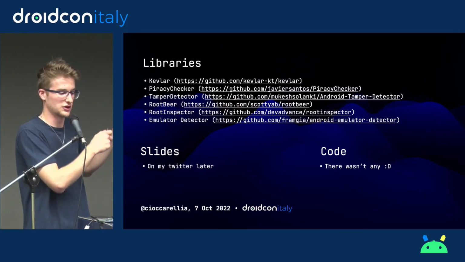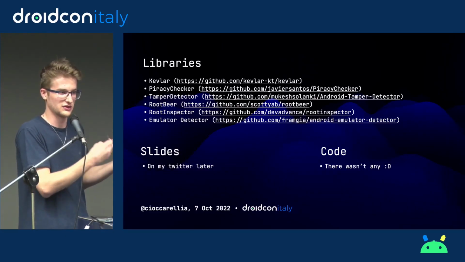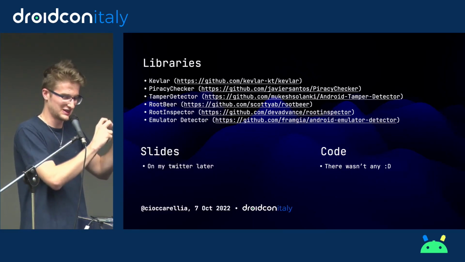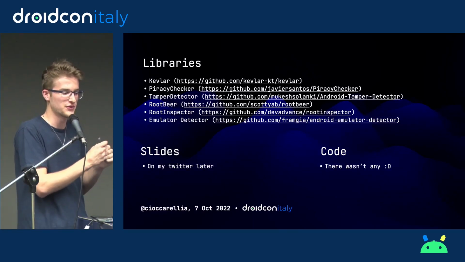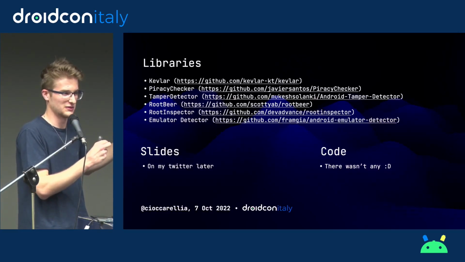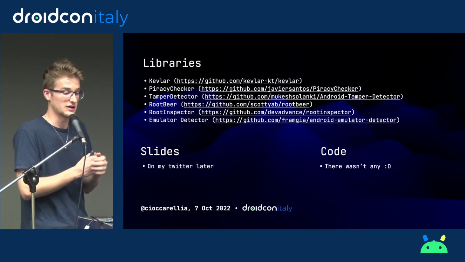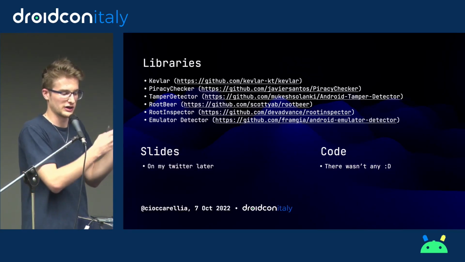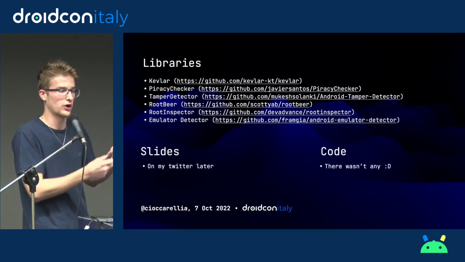I want to give you the libraries which are needed to make all of this work, because we've seen the implementation overview, and all of those libraries have a different scope. You should go check them out and understand which one you may want to have.